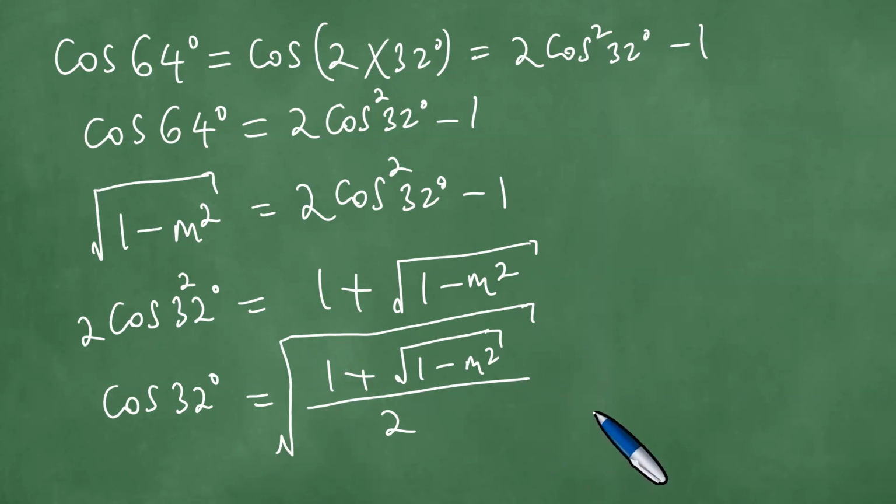Okay, so only plus, because we are dealing with the cosine of 32 degrees, and 32 degrees is in the first quadrant where all the trigonometric ratios are positive.